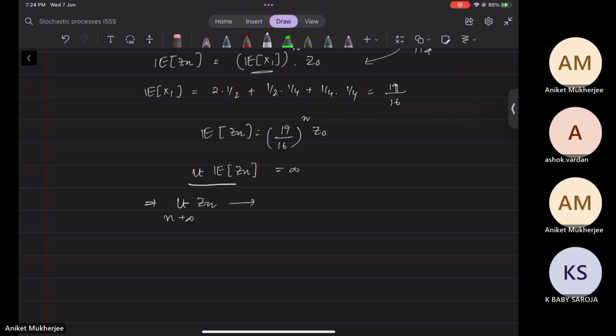This says that the expectation of Zn is infinity, but we can't say anything about how successful the program was. We also can't say anything about the expectation of the limit of Zn. This also we're not able to say from this.